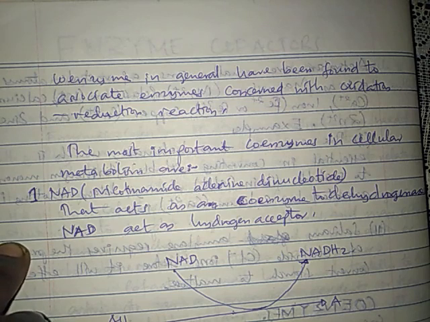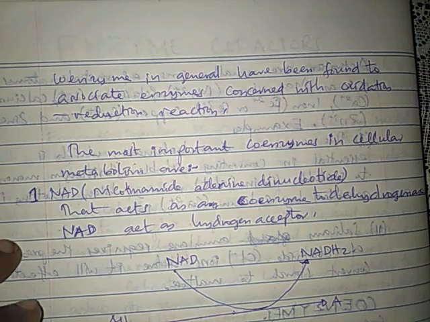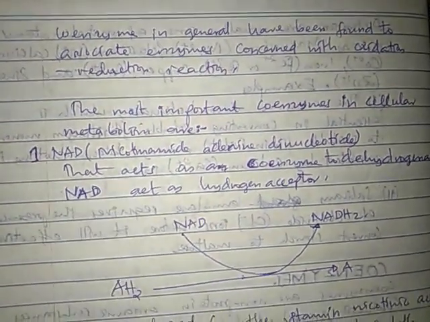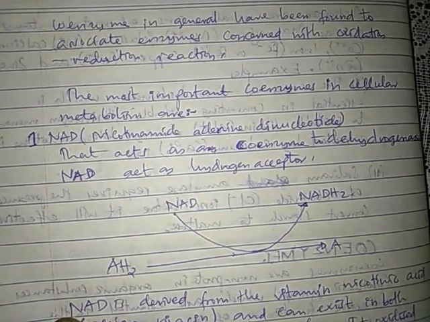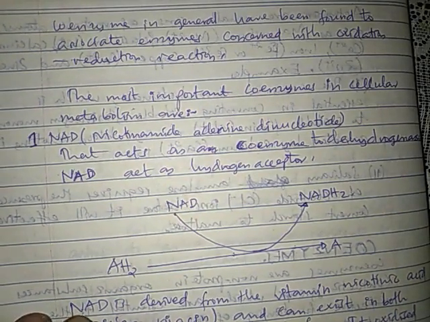So coenzymes in general have been found to associate with enzymes concerned with oxidation reduction reactions, kwa sababu mambo ya addition na removal of electrons and hydrogen, hizo ni oxidation reduction reactions. Now let's discuss the important coenzymes in cellular metabolism.